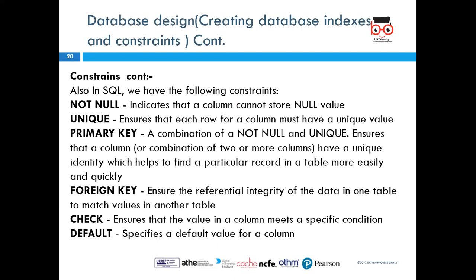So here are some of the constraints that we can now see in our table, such as not null, which means that the value cannot be null. Then unique, which ensures that each row and column has a unique value.